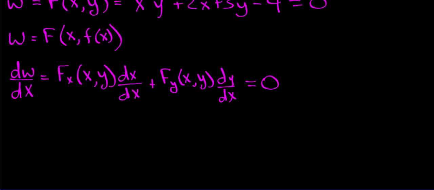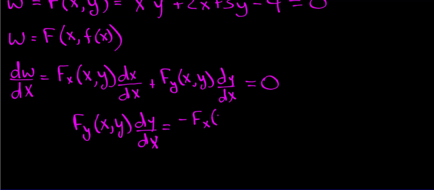First of all, the derivative of x with respect to x is 1. So let's take the partial with respect to y times dy/dx, and let's move everything else to the other side. So we have negative f_x, and I'll just leave off the dx/dx. Okay, so we have that.